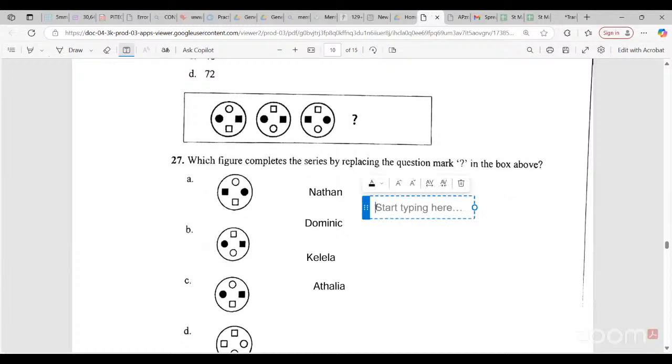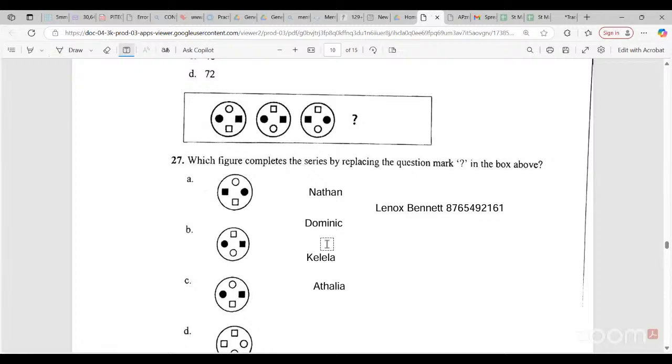Okay, sir, my explanation is going to be great. As you can see, it says which figure completes the series by replacing the question mark in the box above. As it's shown in the figures, first there's one hole, another hole, then a box, and then a box. Now the box is up top and the hole is still at the side.